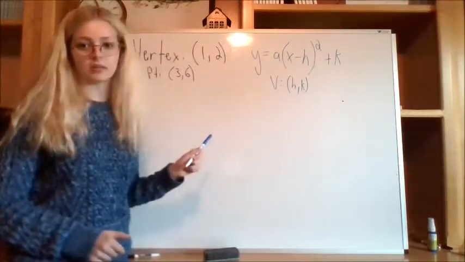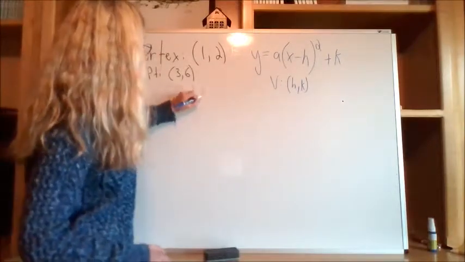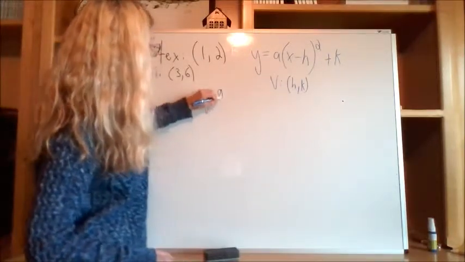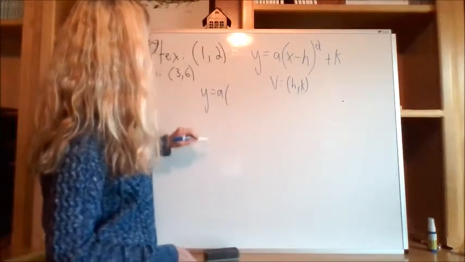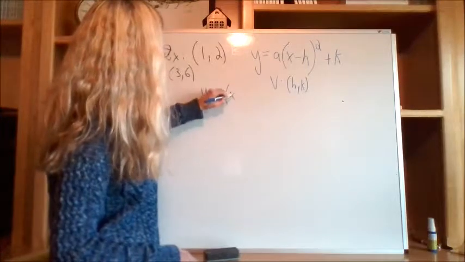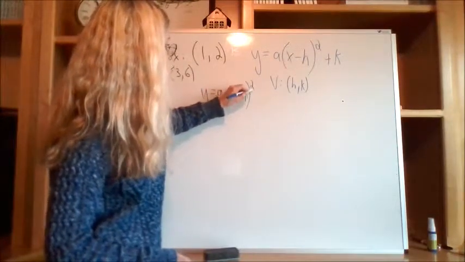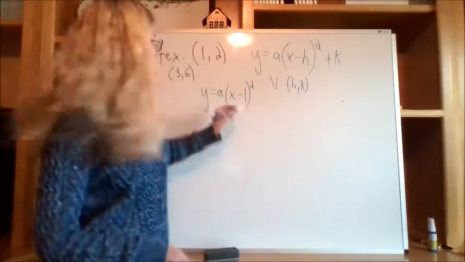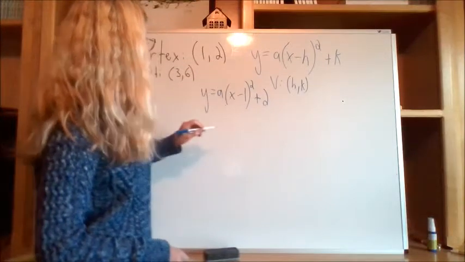Now we plug these numbers into our formula. So y equals a, because we don't know an a value yet, times the quantity x minus h squared, don't forget the squared, plus k, which is 2.